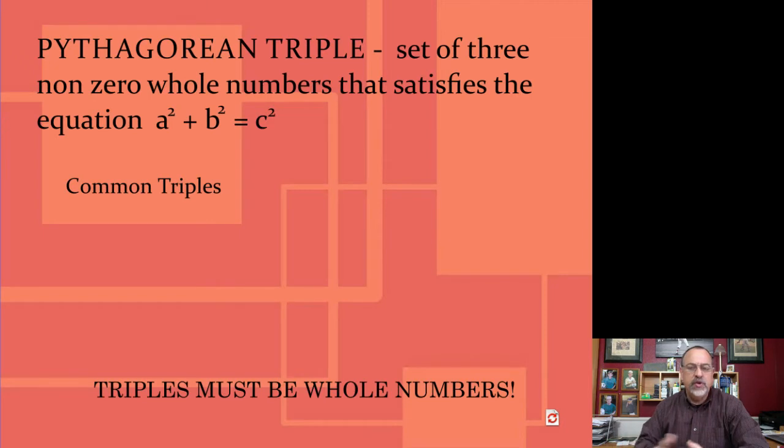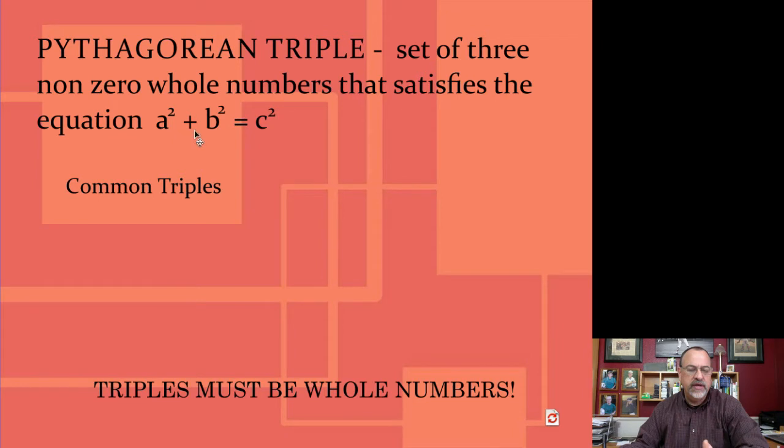A Pythagorean triple is a set of three non-zero whole numbers that satisfy this equation. In other words, a Pythagorean triple is any three whole numbers, meaning not fractions, and you can't use zero, that, if you substitute them into this equation, putting the largest of the three values in for c, make a true statement.